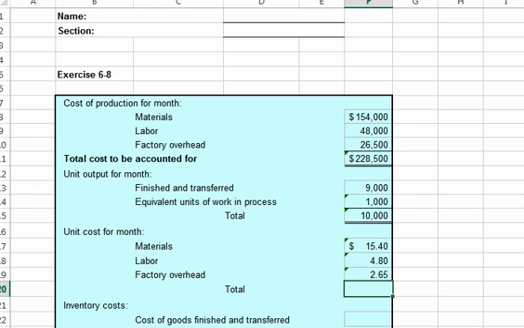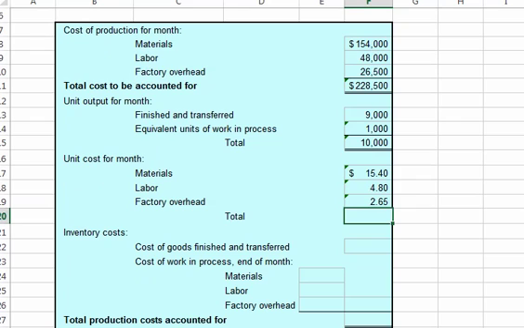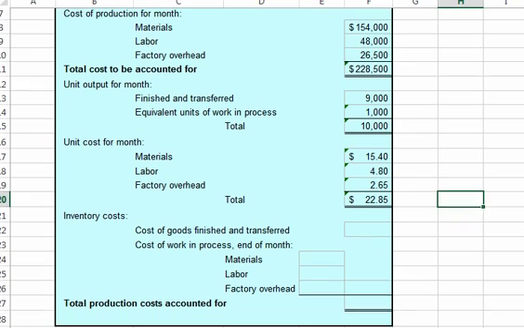Our per unit cost on overhead is $2.65. Now we'll sum those, and we get $22.85. Now you could check that one. You should also get $22.85 if you say total cost to be accounted for divided by the total units. $22.85 either way. That's just a little check that I like to do.